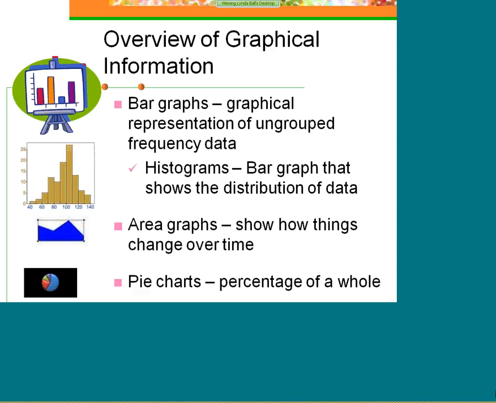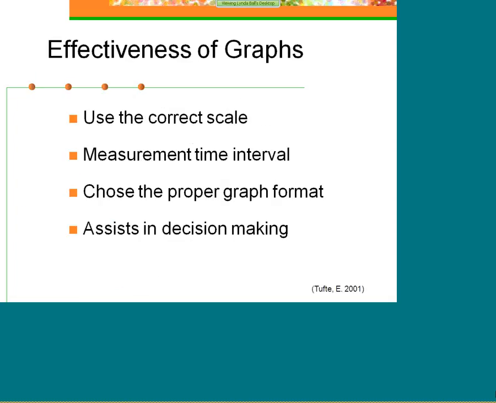But there are different kinds of graphical representations, and bar graphs are usually the ones used most frequently. It is a graphical representation of ungrouped frequency data. Histograms are one of those, and if you've been in any of our QI projects for the last several years, you know that you've been receiving histograms along with your regular display of data, showing where you are in regards to your area of the network, and also where you stand with regard to the network overall data.